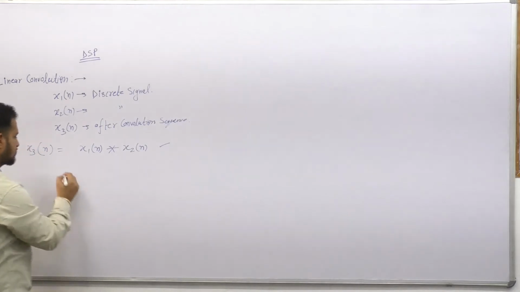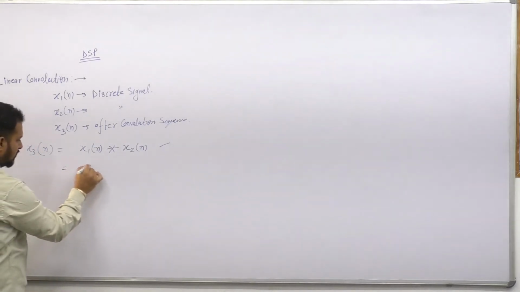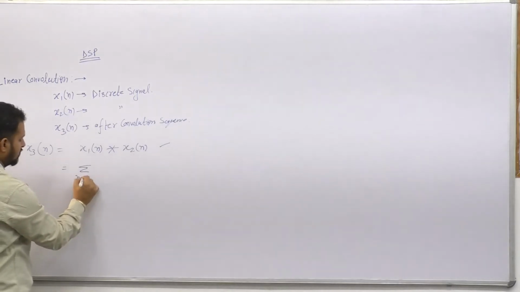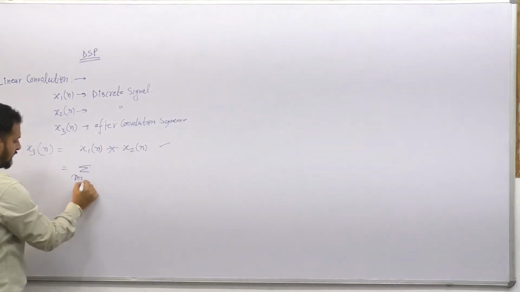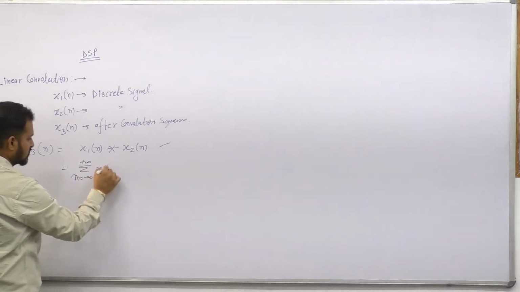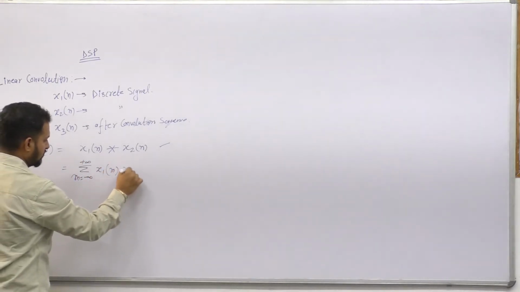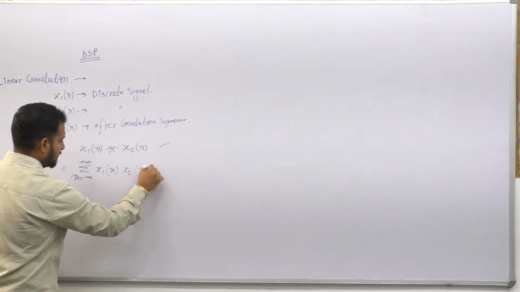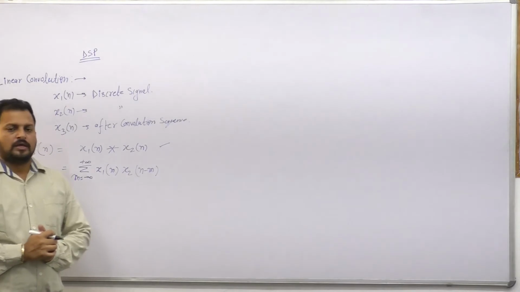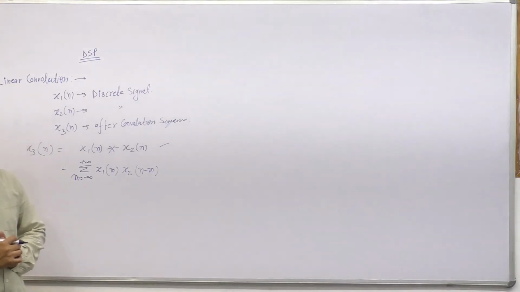If we represent it in terms of a formula, let's say m is the third variable we are considering. So this is x1(m) and x2(n minus m). This is the formula used for the linear convolution computation.